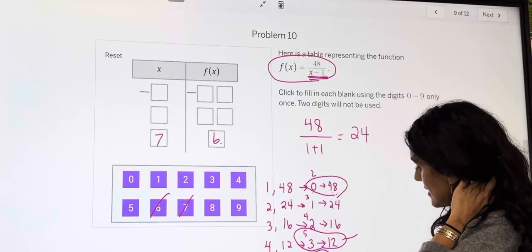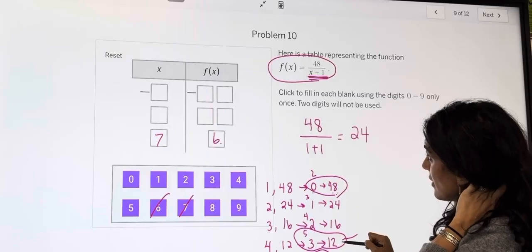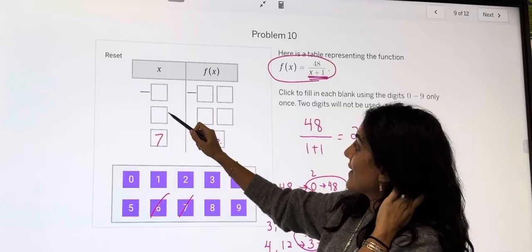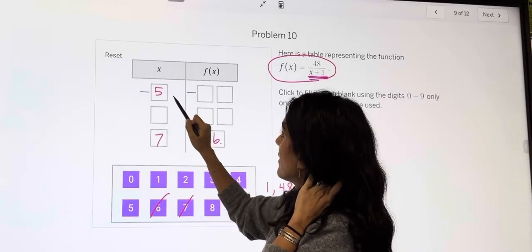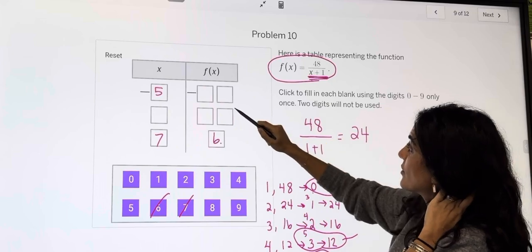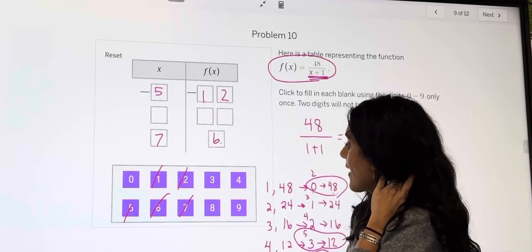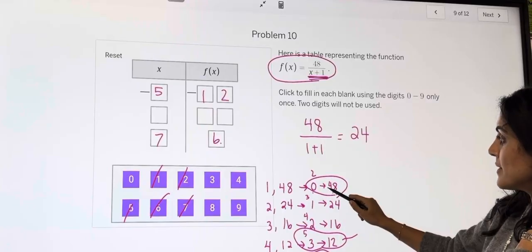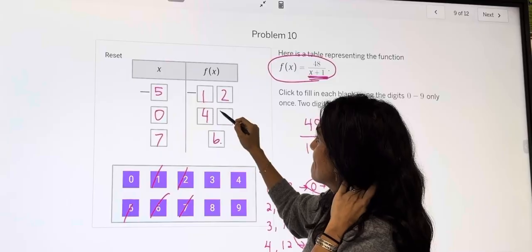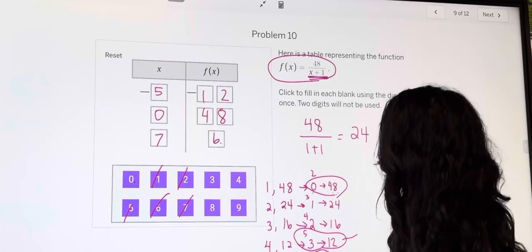And looking here, if I put a -5 in, -5 plus 1 is -4, and 48 divided by -4 is -12. So that takes out 1, 2, and 5, which means I can use 0, 4, and 8.